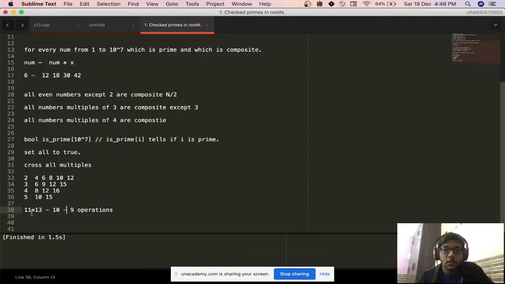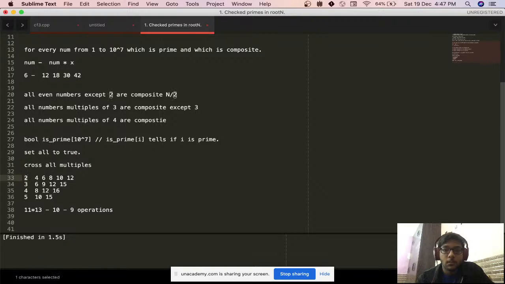Because 2, 3, 4, 5, 6, 7, they were just useless operations that I did, and they did not even divide 11. So that wasted my CPU cycles. You can say that wasted my time. I did 9 operations which did not tell me anything about whether the number was prime or not. What about this case? In this case, what we are saying is that every number is a candidate that can generate a result. So how?